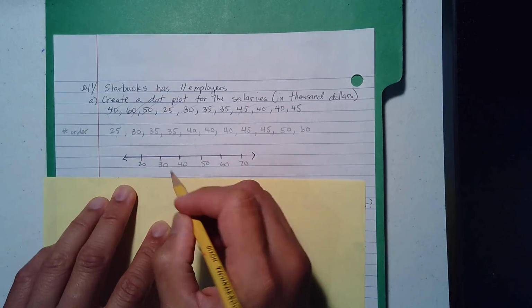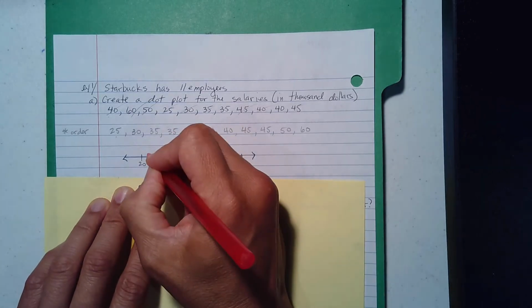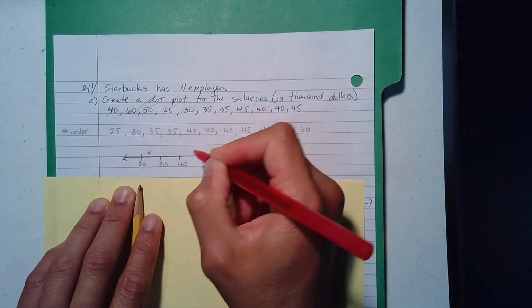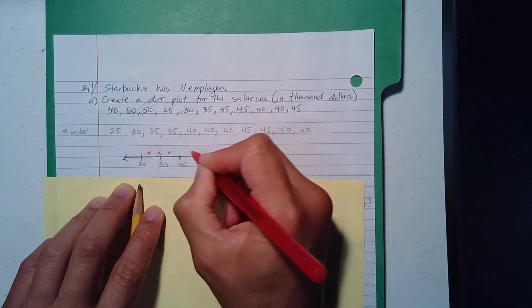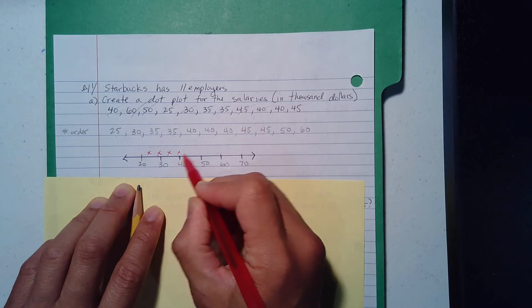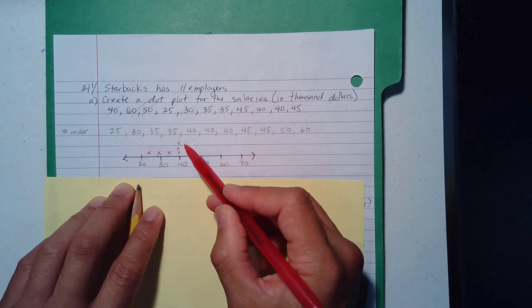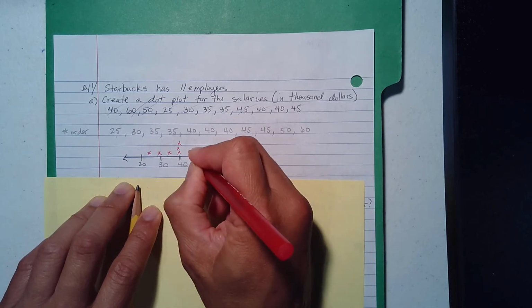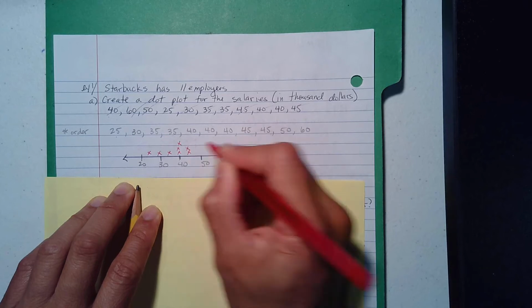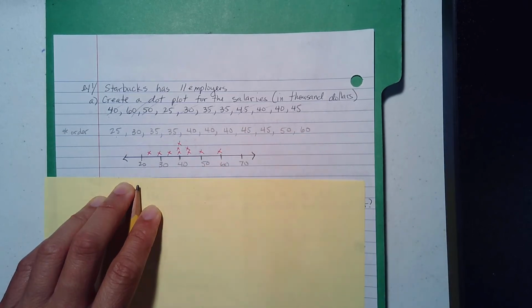So when we mark this, there's 25, there's 30, there's 35, there's 40, 40, 40. So 3 people in the company make $40,000 a year. 45, 45, 50, and 60.